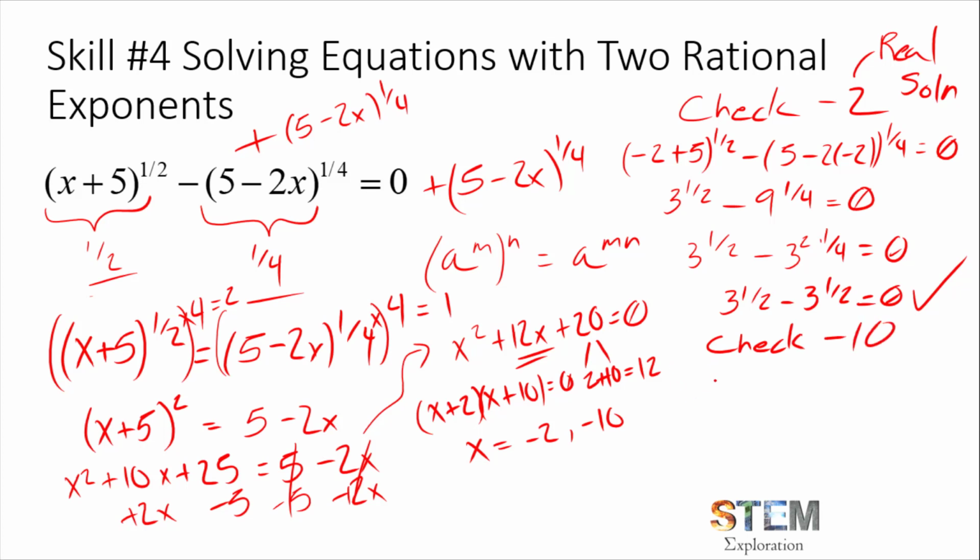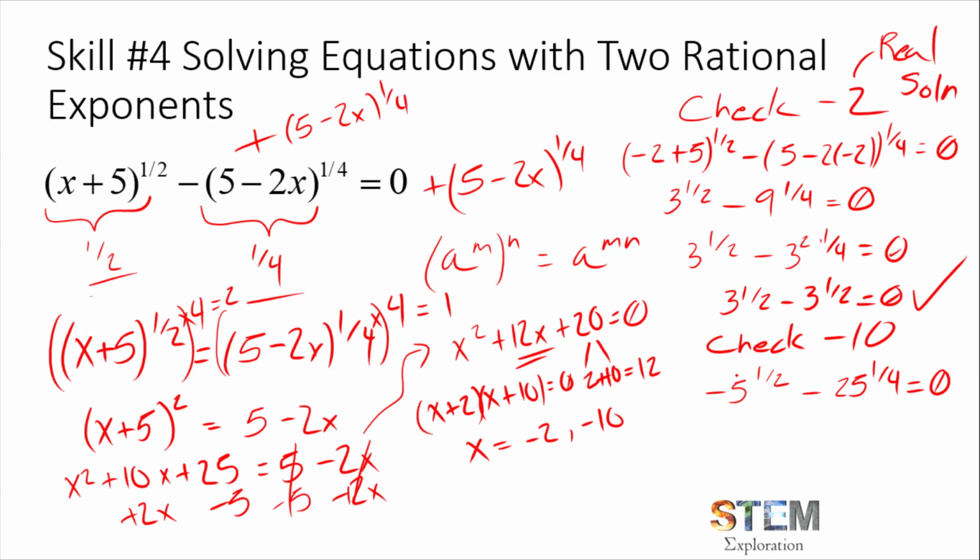So if I plug in -10 here, I'm going to do the same thing. Let's take a little bit of a shortcut here since I'm running out of space. -10 plus 5 will be -5 to the 1/2 power. Okay, and let's go one step further and say -5 times -2, or -10, I'm sorry, times -2, which would be positive 20, and 5, this will be 25 to the 1/4 power, all equal to 0.